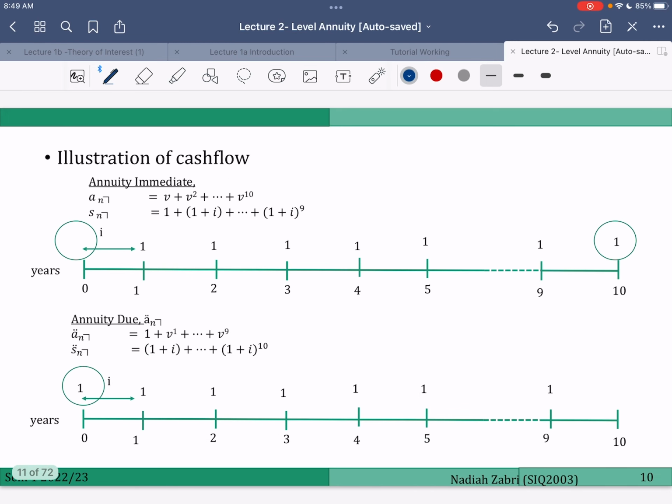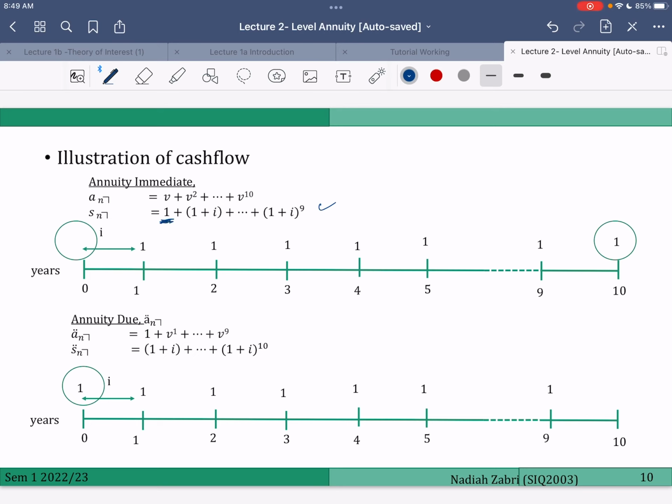Now I want to illustrate how that formula just now was actually finding the future value for annuity immediate. So let's see. This is what we calculated just now: 1 plus I until 1 plus I to the power of 9. What do you think this comes from?